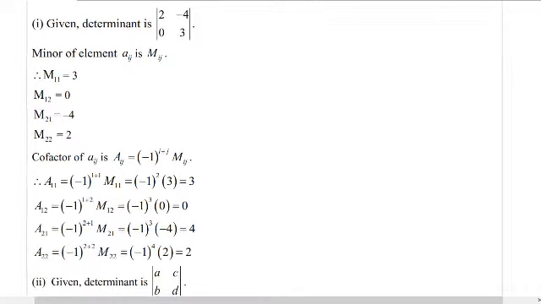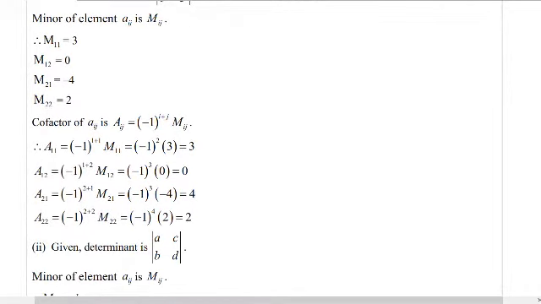Now let us come to the concept of cofactors. So once you find minors, finding cofactor is very easy. Cofactors are represented by a symbol capital A, Ij, and it is equal to minus 1 raised to power I plus j into minor ij.